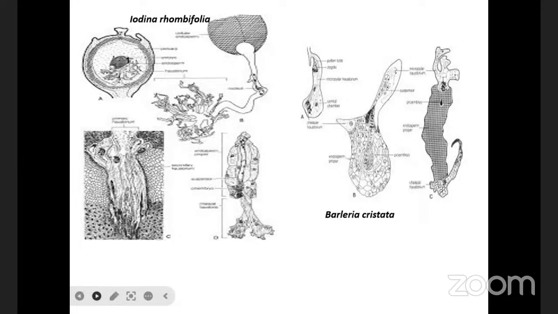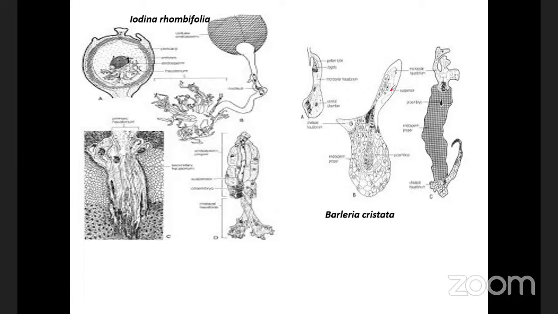Especially these all are forming at the micropylar end. At the chalazal end, these all are forming special projection structures. In Iodina rhombifolia, you can see the long projection of the haustoria to absorb and supply more nutrition to the developing embryo. You can see here the endosperm, how long it is projected.